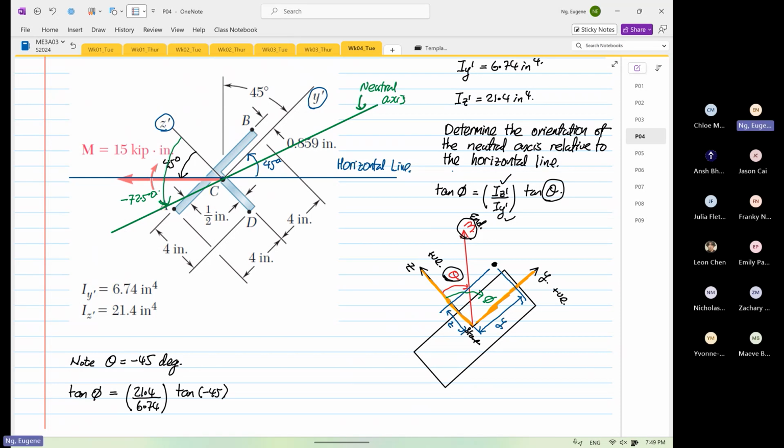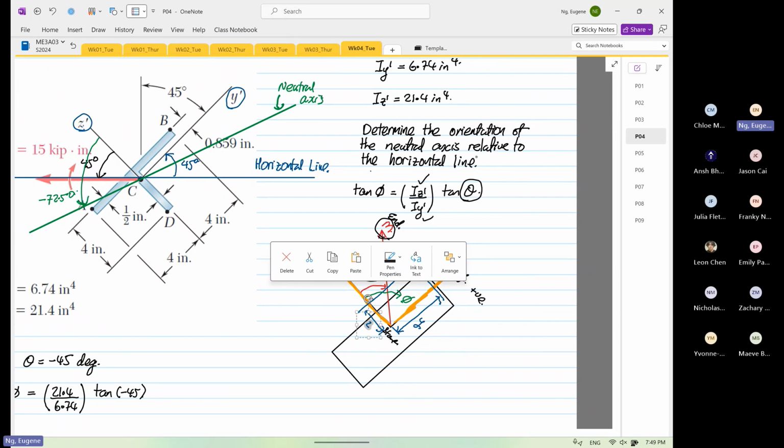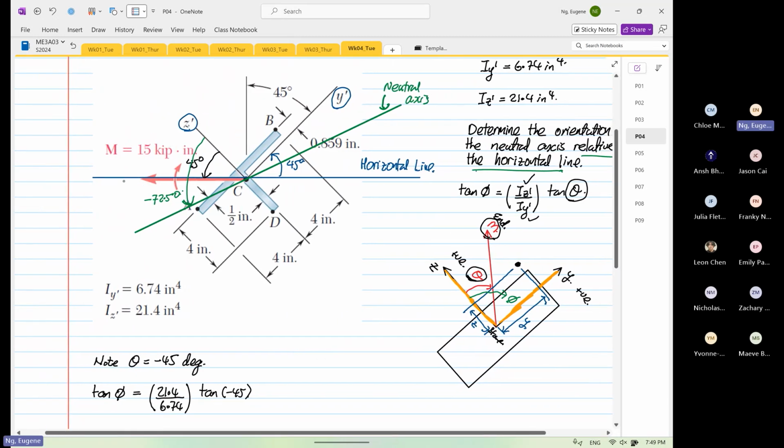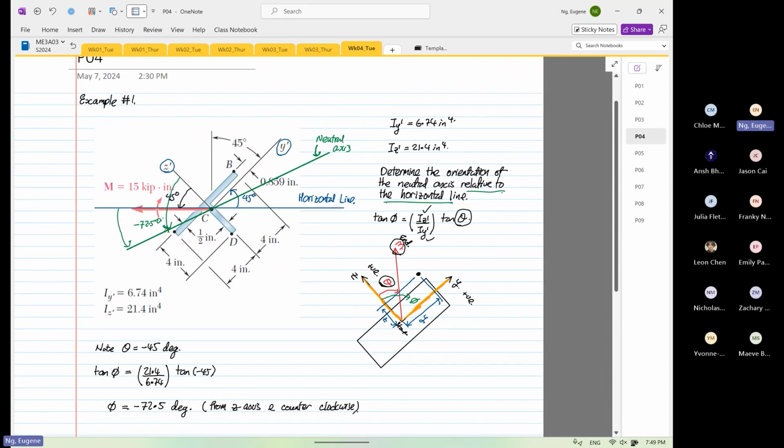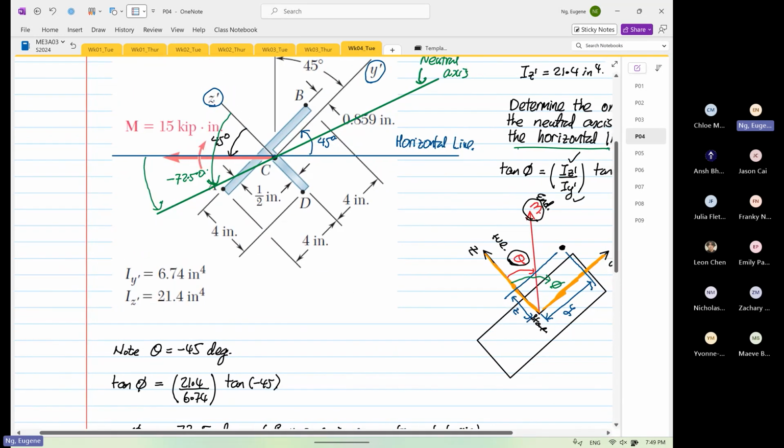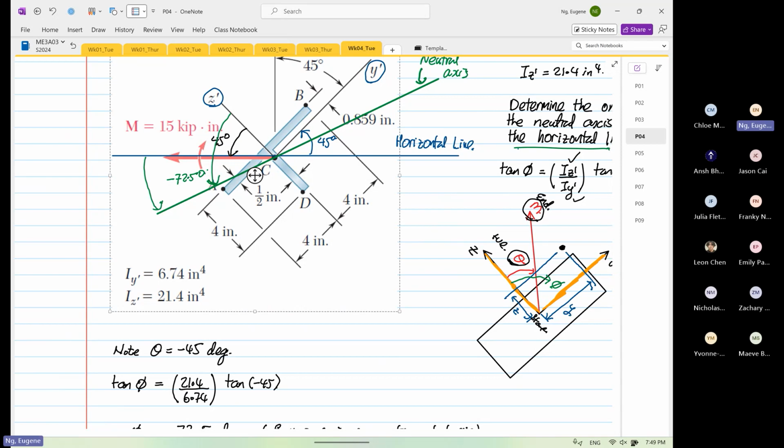So from here, the question asks relative to the horizontal line. Okay, so the angle, right? This is the angle we're going to find, and this angle we call our alpha angle.